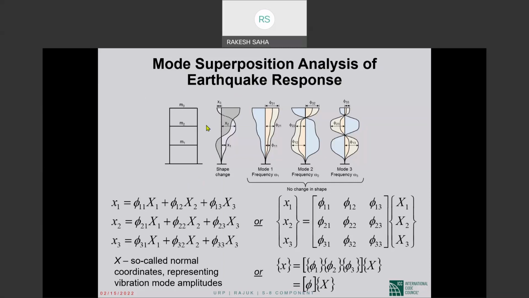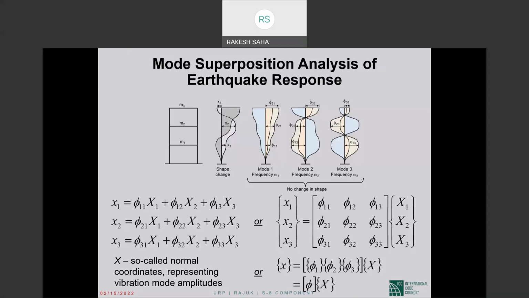So this is the lumped mass model of a three-story building that is undergoing vibrations under earthquake excitation. The thing that is all important is that the deformed shape of the building changes from one instant to the next. Okay, the deformed shape is not the same for any significant length of time.